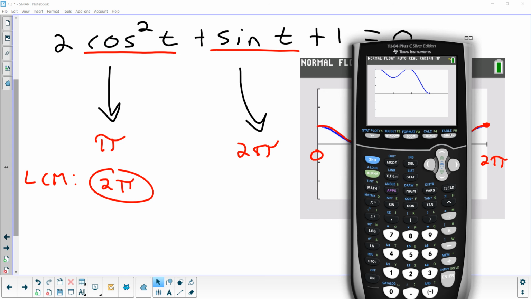I would do at least plus or minus 4. Doesn't look like it goes lower. Set the window. Good. And that's what this graph looks like. That's the pattern that's going to repeat itself every 2 pi radians.